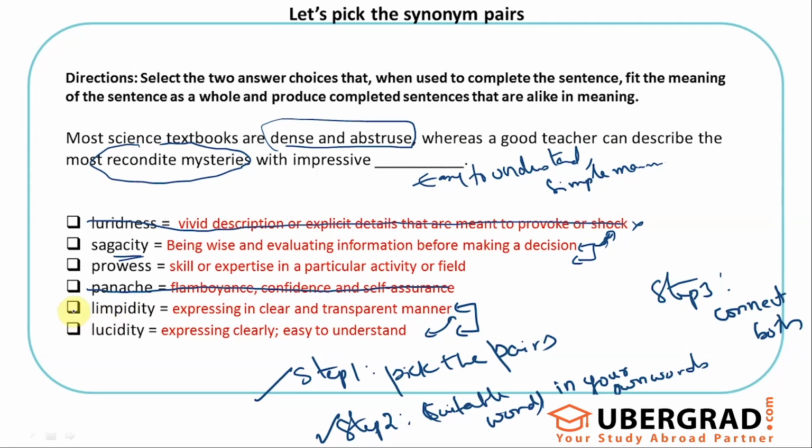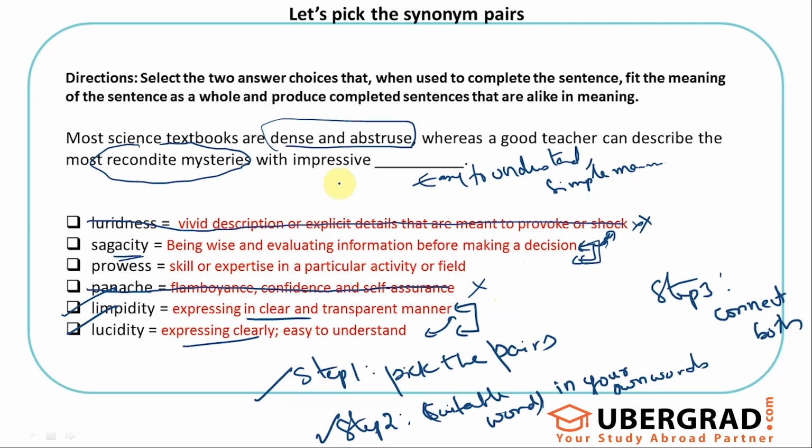So that is completely taken care of by these two. It's expressing clearly. The style of teaching, clear and easy to understand, is what would fit over here with impressive: lucidity or limpidity. So I would say the options C and F would be the correct answer. That would help us not break our head over this or this. Maybe you can check these two.